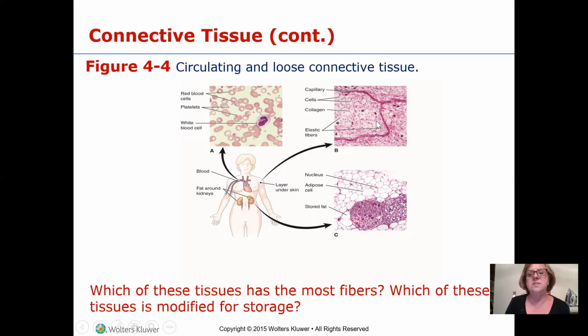Then the other is the form of loose connective tissue, which is a form of the generalized type of connective tissue, and here you have some collagen as well as some other cells and some capillaries. So it's considered to be loose, not dense. Then this is of fat cells. All of these are adipose cells.